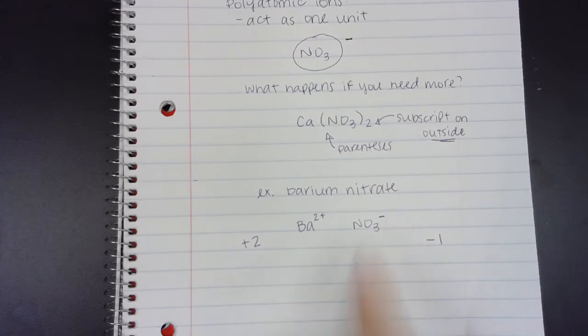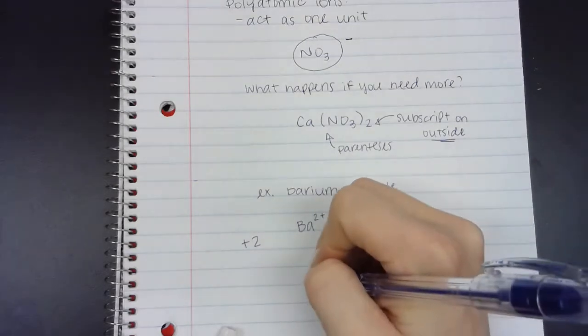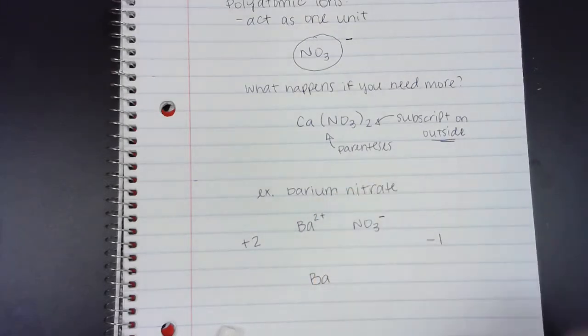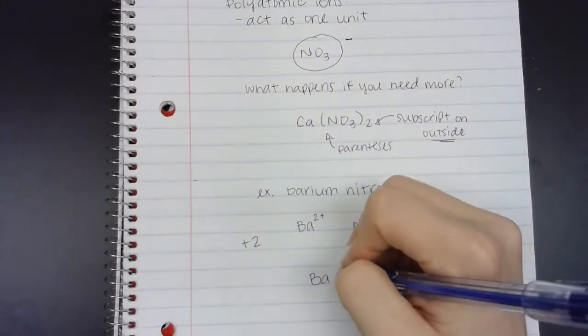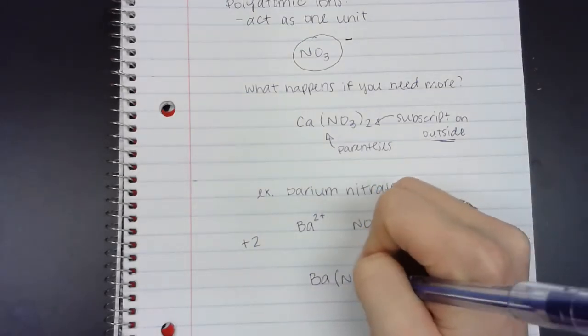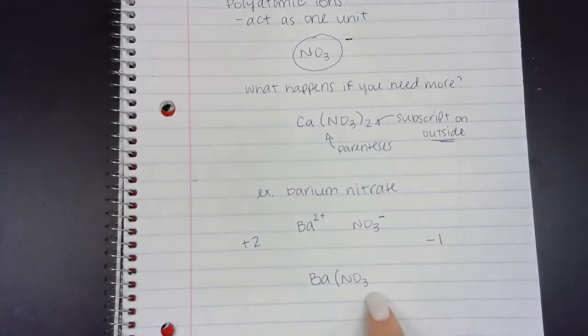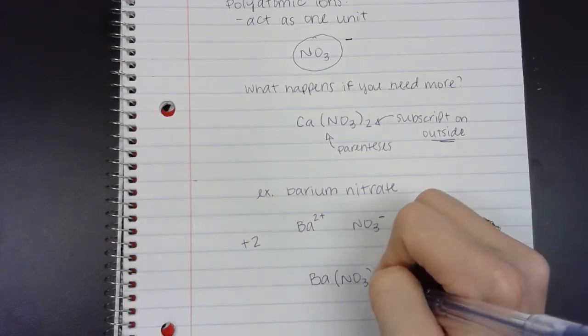How many more nitrates do I need? Just one more. So when I write out the formula, I'll write Ba, and then I have to group the nitrate with the parentheses. Make sure you still keep the 3 because nitrate is NO3. And then what subscript will I put on it? 2. Good.